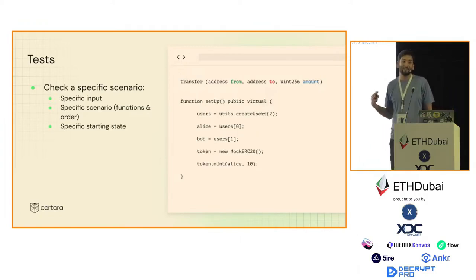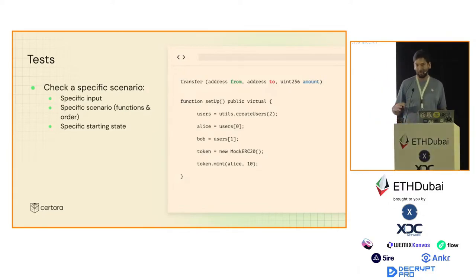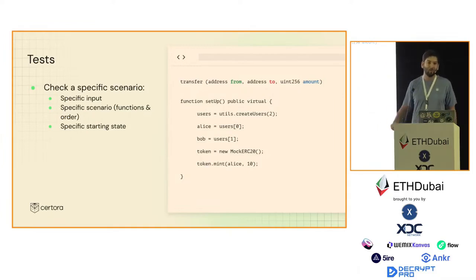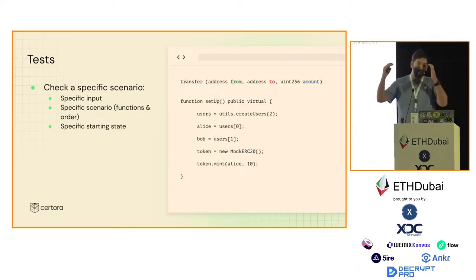What people sometimes tend to miss is that tests usually only look at one specific starting state. What we usually do, say, in Forge, is that we have a setup function where we tell it what are the 2 addresses that we are going to care about, and we're minting tokens, so we are actually setting a specific balance for the tokens for those addresses. So a test is a combination of very specific things.